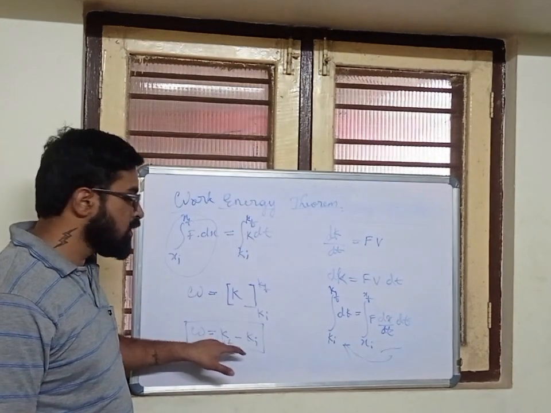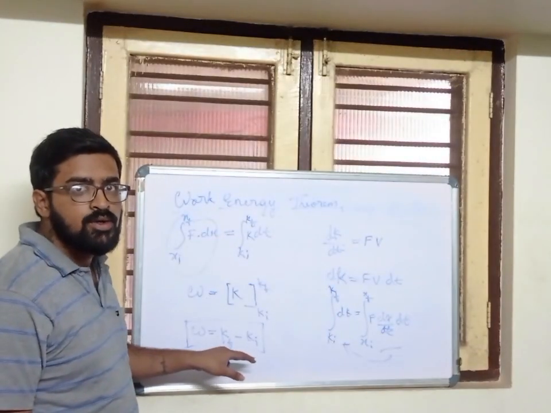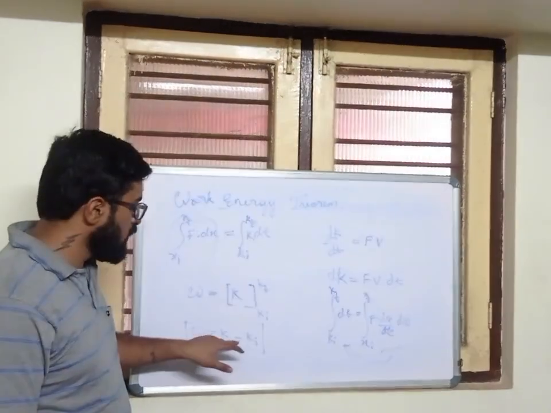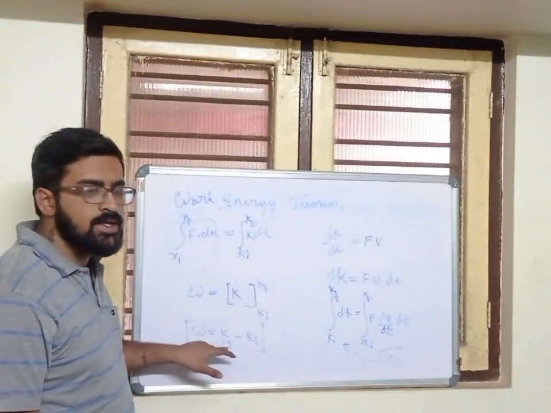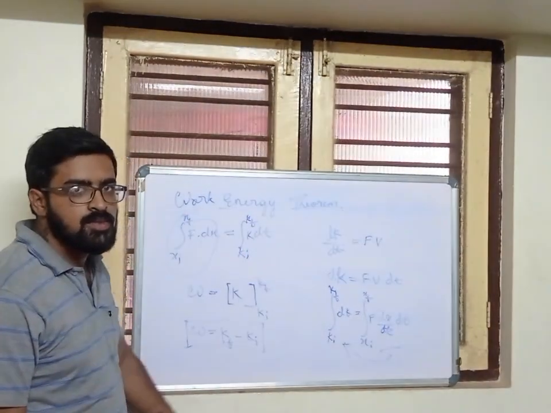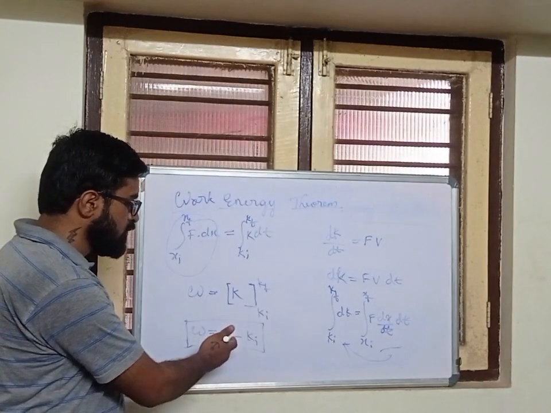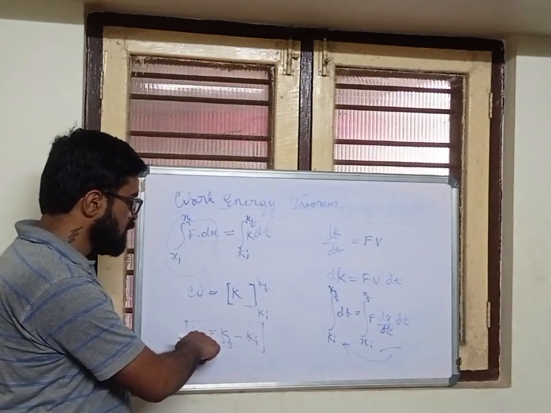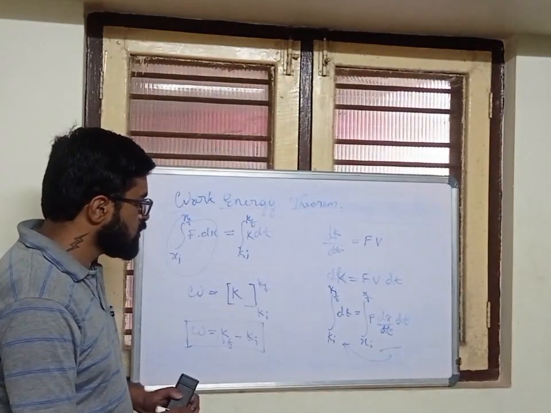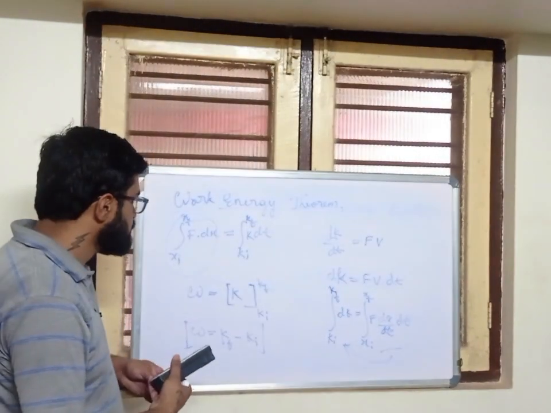Here kinetic energy is varying because the force is varying. So total work done will be final kinetic energy minus initial kinetic energy. This is the work energy theorem, and this is the explanation for W is equal to Kf minus Ki.